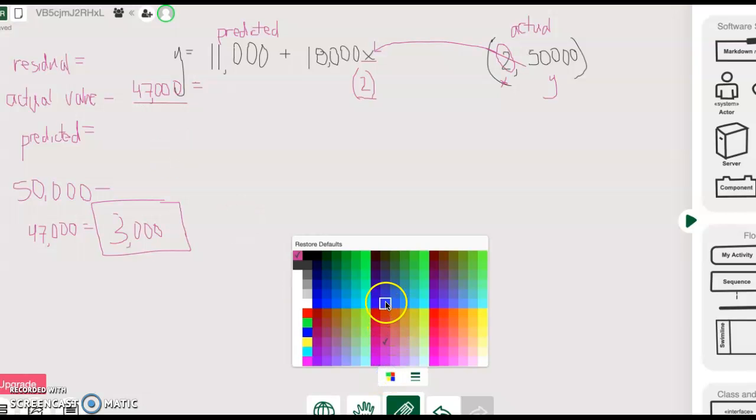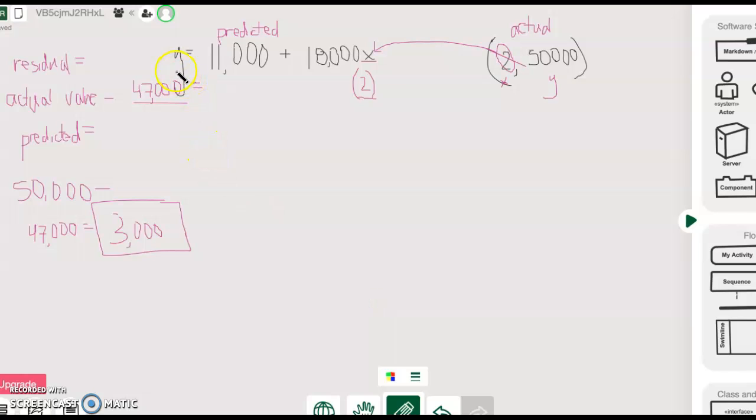Let's do some color coding. Okay, so my predicted Y value is 47,000. Now, my equation, when I plug in 2, predicts that a car that's 2 years old is going to have a mileage of 47,000. There's a problem though, because I have this actual car, and this actual car is 2 years old and has been driven for 50,000 miles.